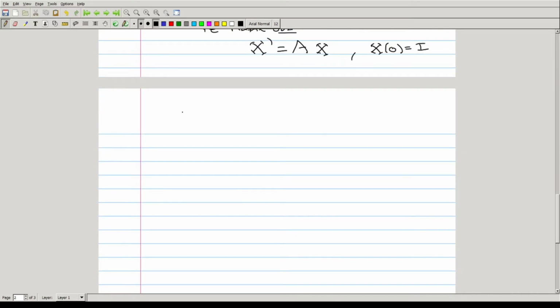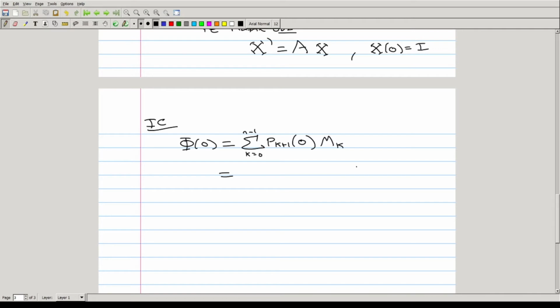First thing you want to note is that we check the initial condition. Phi of t equals 0 is equal to the summation from k equals 0 to n minus 1 of p k plus 1 of 0 times Mk.